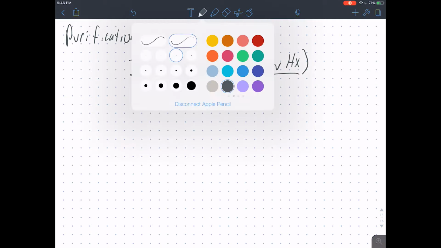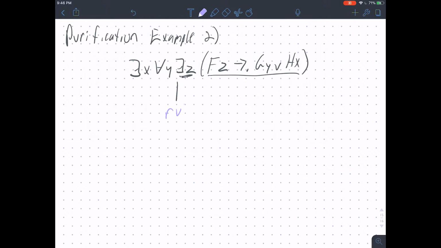So we're going to apply rule 7, which will cause the quantifier to change to a universal quantifier, and that'll give us this. Again, pay attention to rules 7 and 8 because they change the quantifier type.